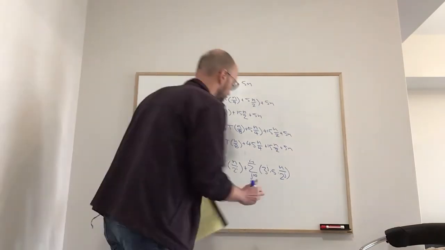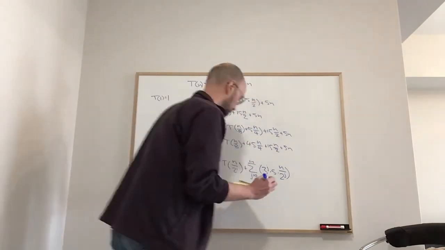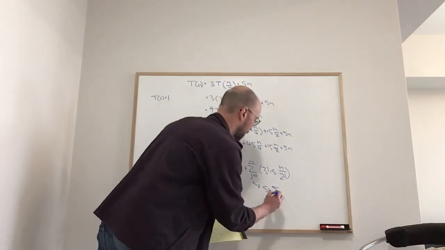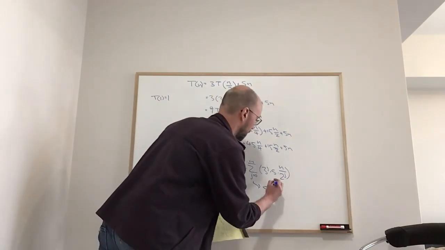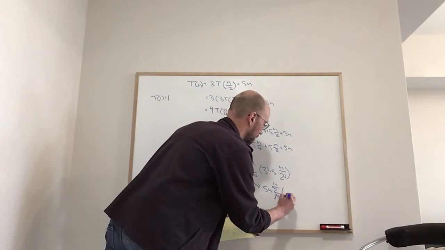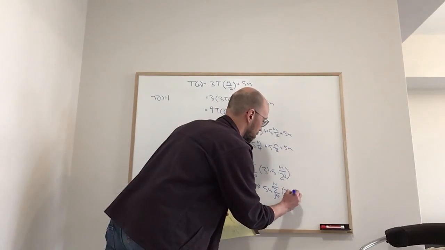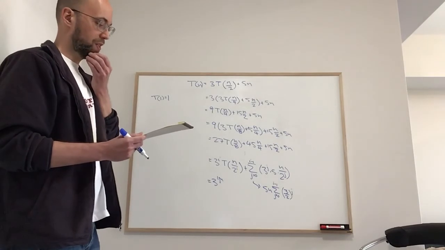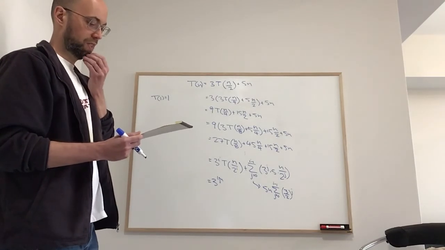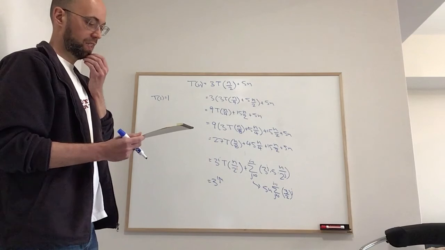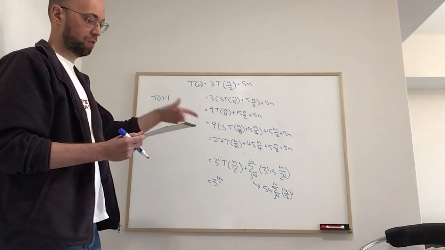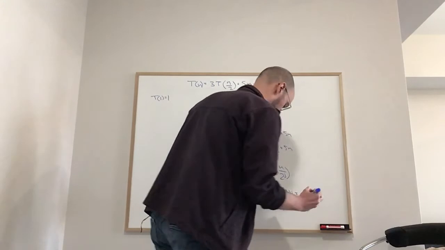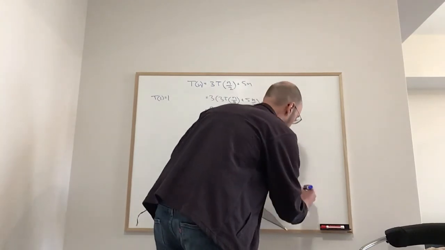And then this part is equal to 5n times the sum from j equal to 0 to i minus 1 of 3 over 2 to the j. I'm not going to go through the whole solution of that.